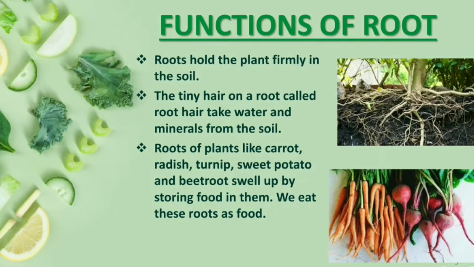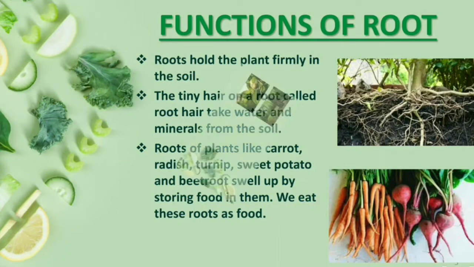Roots of plants like carrot, radish, turnip, sweet potato and beetroot swell up by storing food in them. We eat these roots as food. Now these roots, the carrot, turnip, sweet potato, what do they do? They store the food in the root, and we eat this root in the form of fruits or vegetables. Okay, so these were the functions of root.